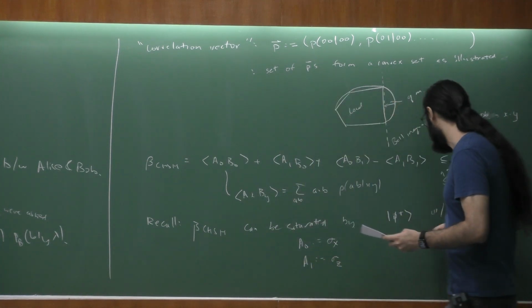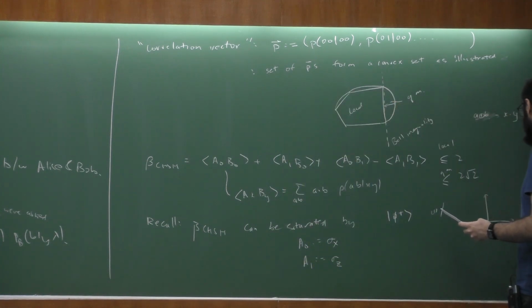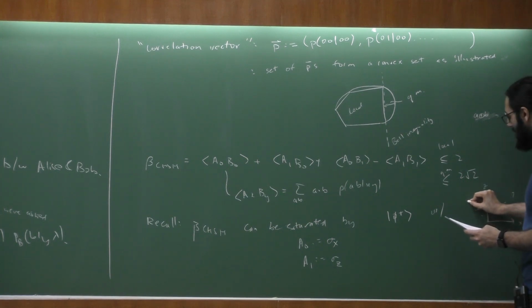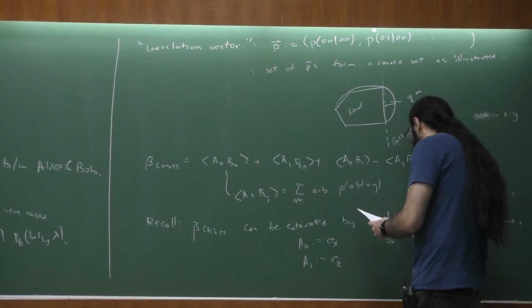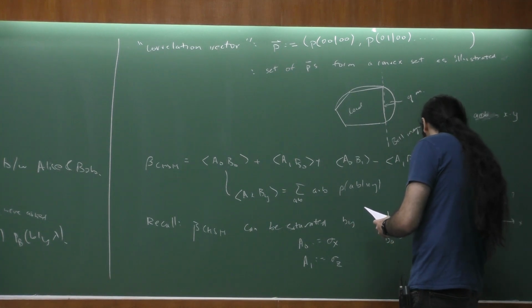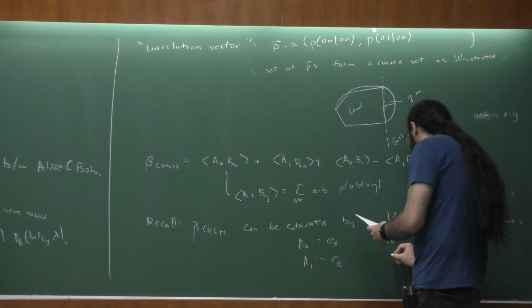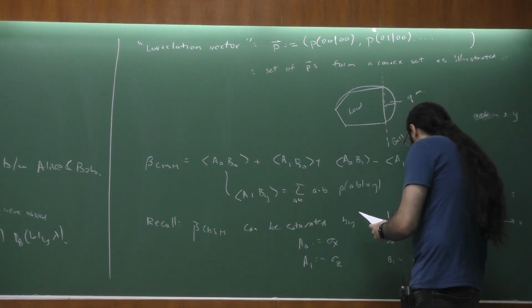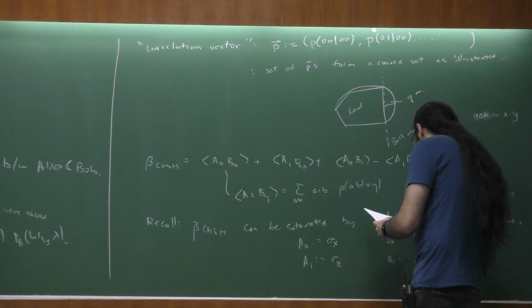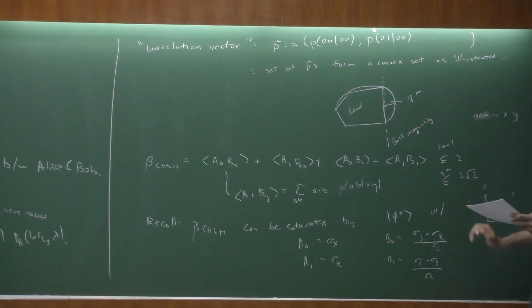So this is measuring along x and z, and then you have the 45-degree ones, which we write as B0 defined as sigma z plus sigma x by root 2, and B1 defined as sigma x minus sigma z by root 2.